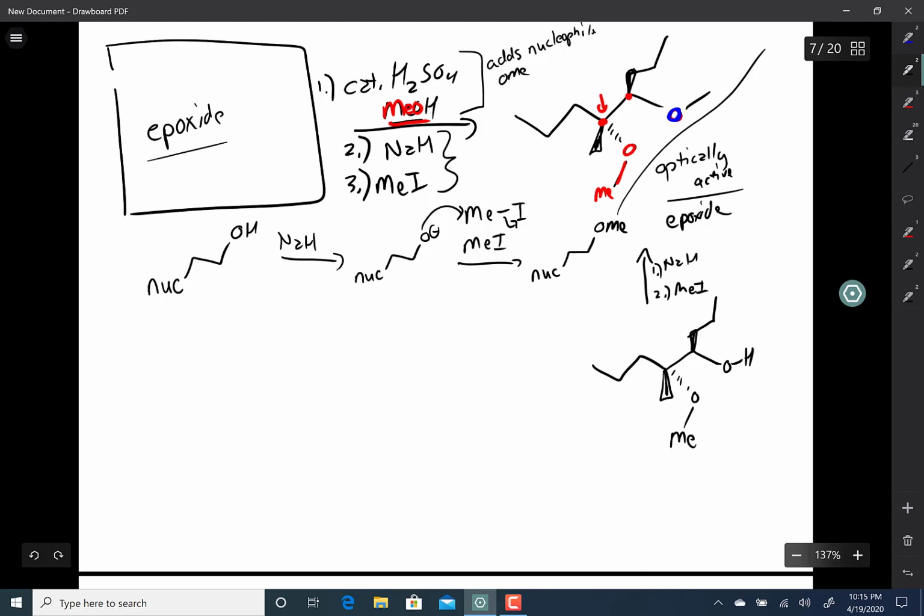And the sodium hydride, all it does, deprotonates the alcohol and then does the SN2 reaction.